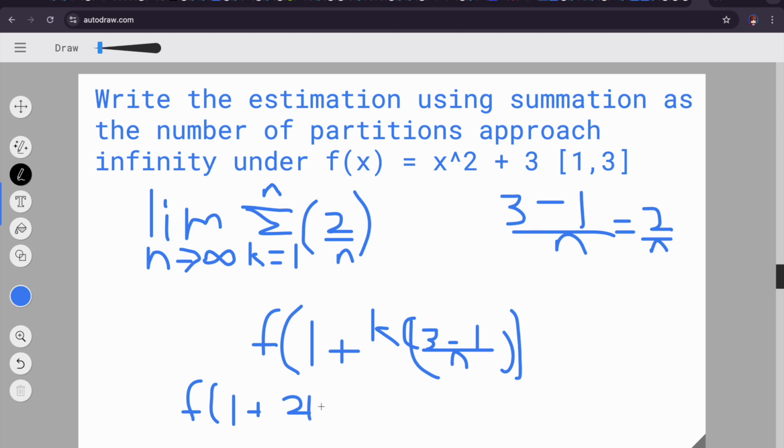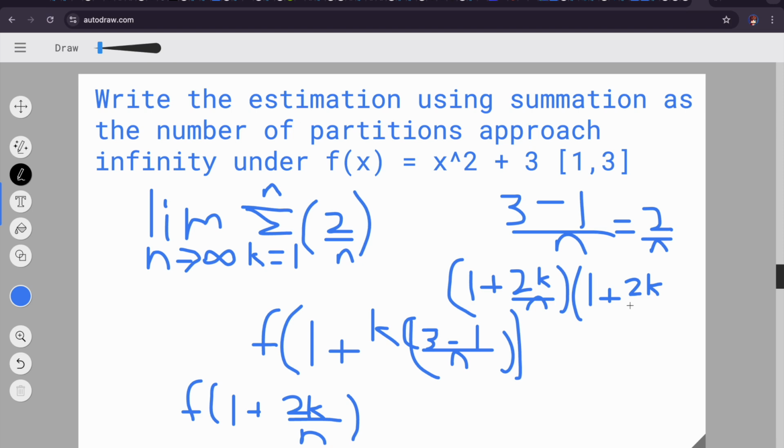2k over n. So now you want to, of course, find the f of blank, this is what we're going to plug into this equation here. So 1 plus 2k over n times 1 plus 2k over n.